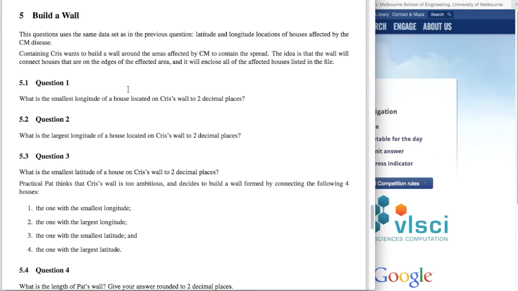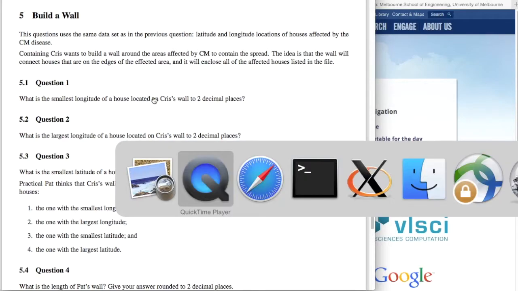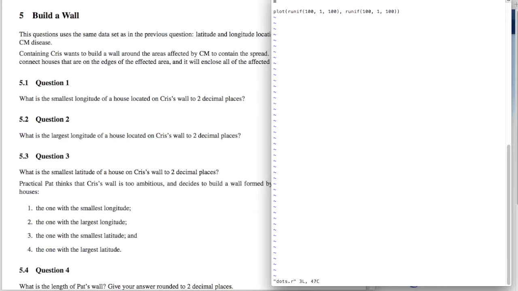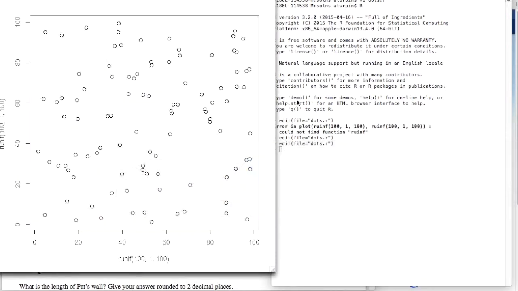So first of all, the first question says, if we have this convex hull, or a wall around all of the points, what's the smallest longitude of a house that's on the wall? So if we just think about it for a sec, let me generate a random field of dots here, and we can have a look. So here's a random field of dots.